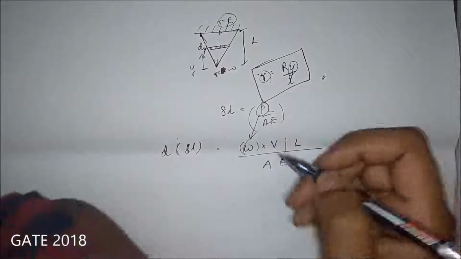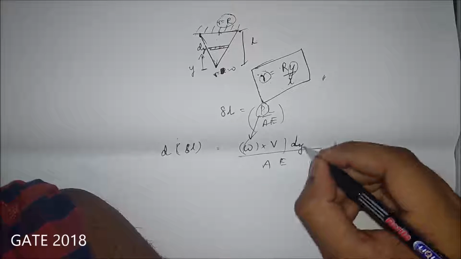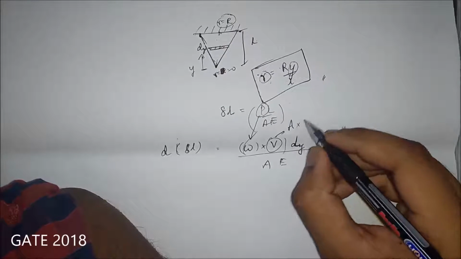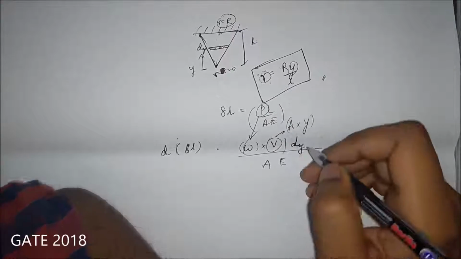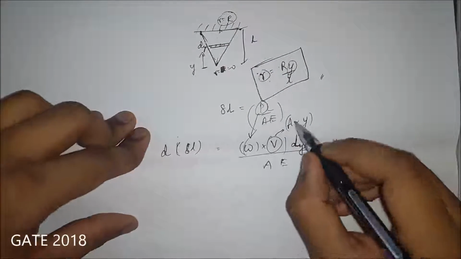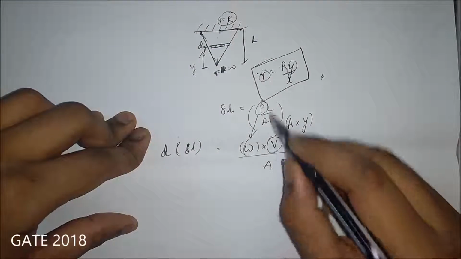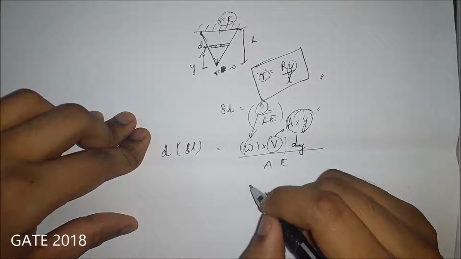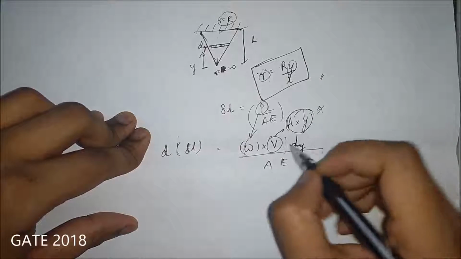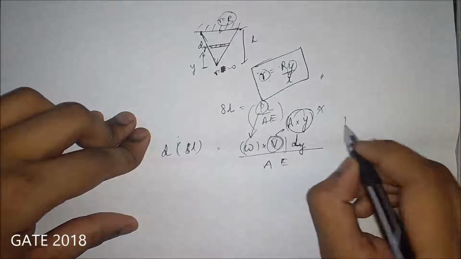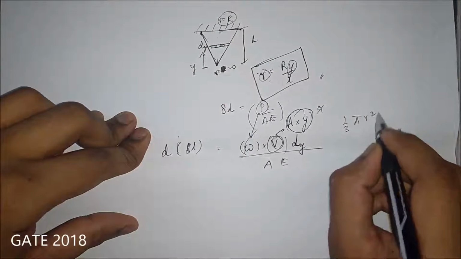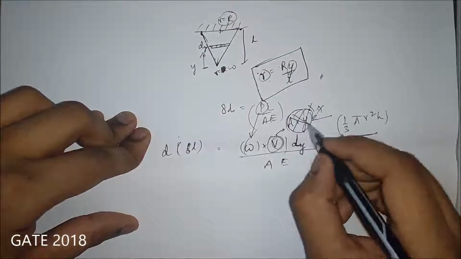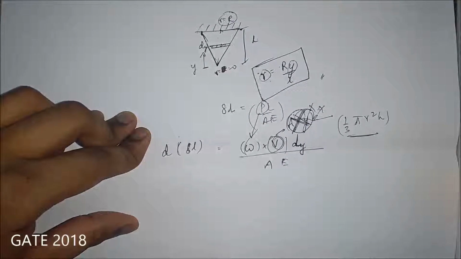Now L will become dy, and volume will become area into y. Correct? Now one more thing to keep in mind: this is a cone, so is this correct? Of course not. The volume for a cone you know as 1 by 3 pi r squared h. So this is wrong. You can't do this; this is only for rectangular bars.